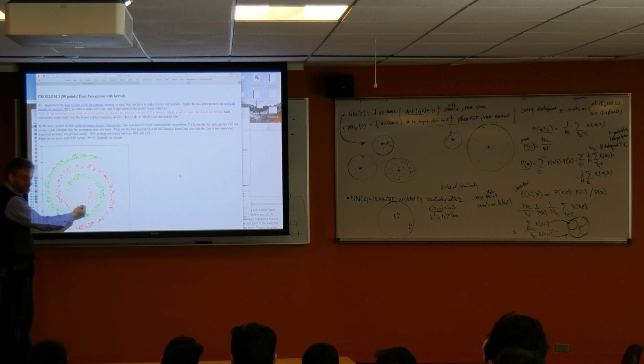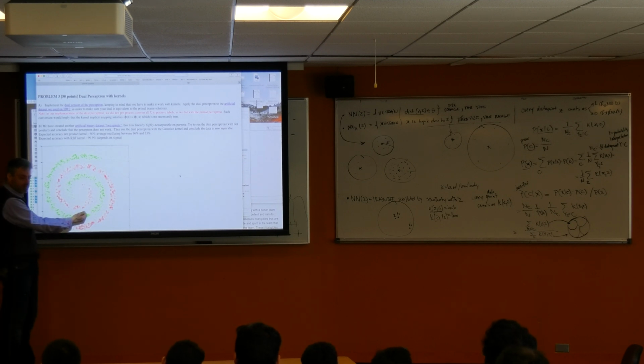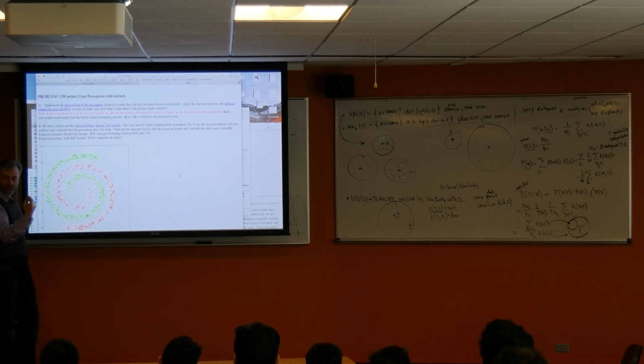For every point, it looks at the neighbors. What it needs is to separate the good neighbors from the bad neighbors. For a green point, the good neighbors will be the green ones, and the bad neighbors will be the red ones. So what I need to set is some notion of width of that neighborhood that respects this gap.